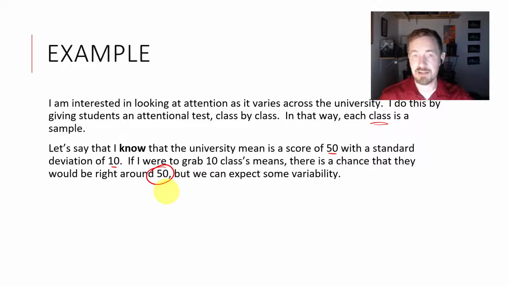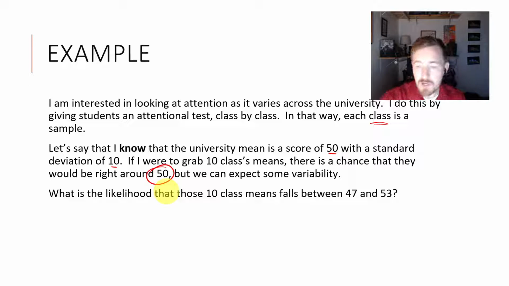My 8:15 class is probably going to have really high attentional scores. My 3 o'clock class is probably going to have lower attentional scores. So what is the likelihood then, and this is something you could probably expect on your quizzes and on the exam, questions like this, what is the likelihood that those 10 class means are going to fall between 47 and 53? So, how do I calculate this?